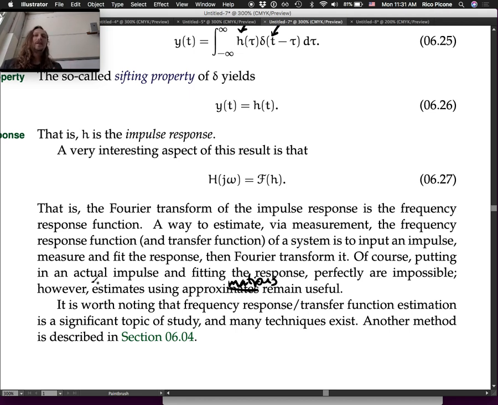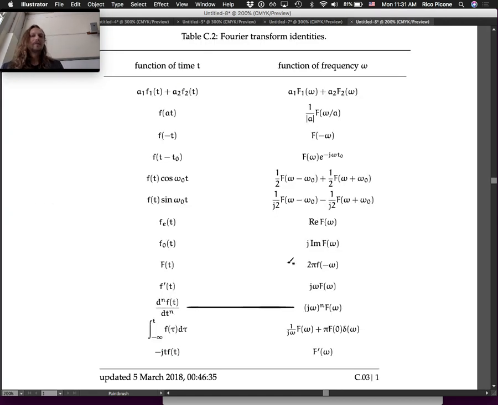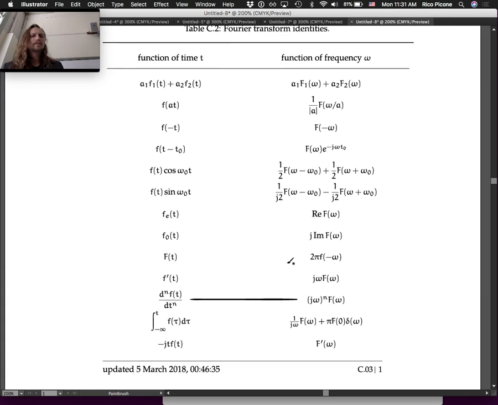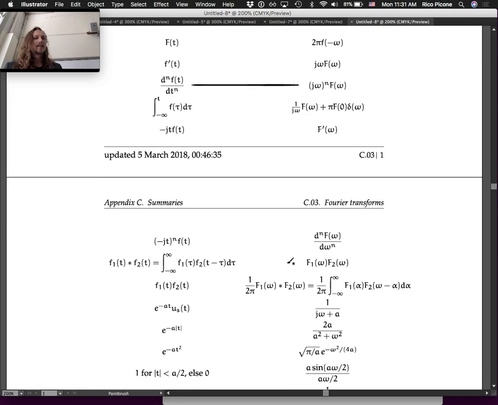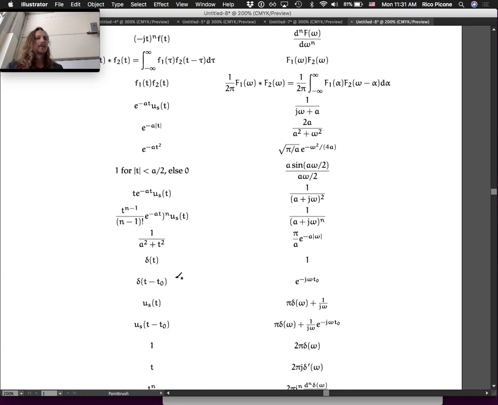And here's a little bit of something to help you understand why this works. So we go back to our table, and we find our Dirac delta function, our impulse, in the left-hand column. And we follow it over, look at what the Fourier transform is. It's 1. Okay, so what does that mean?